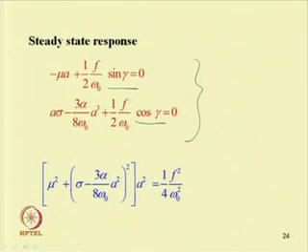To eliminate it, we can write minus mu a equal to minus half F by omega 0 sin gamma, and a times sigma minus 3 alpha by 8 omega 0 a cube equal to minus half F by omega 0 cos gamma. Now, squaring the right hand side and adding, we get this expression: mu square plus sigma minus 3 alpha by 8 omega 0 a square, whole square, into a square, equal to 1 by 4 F square by omega 0 square.